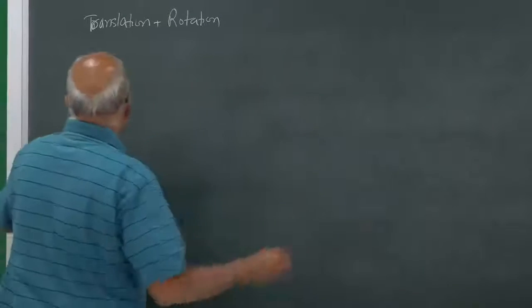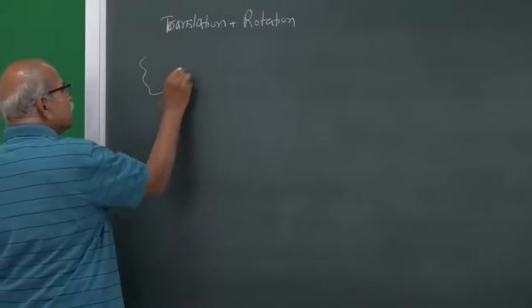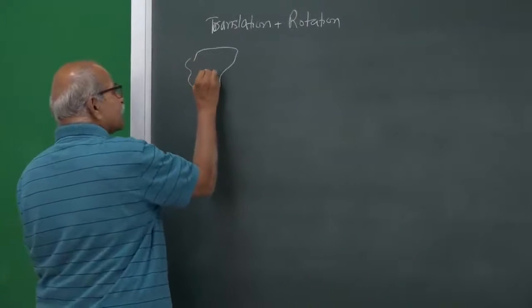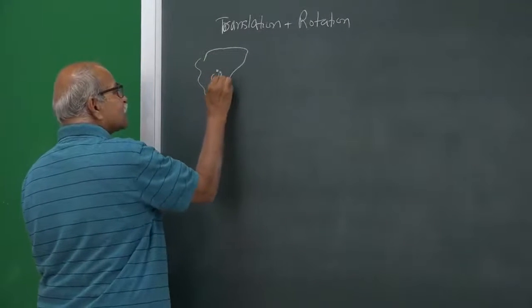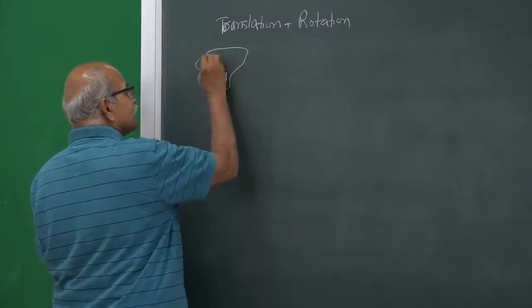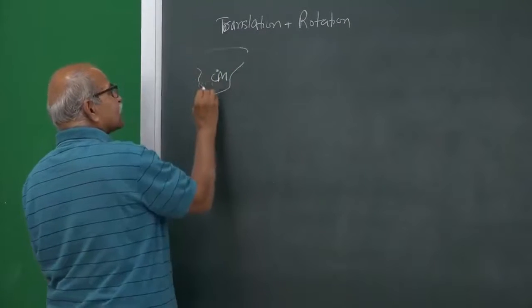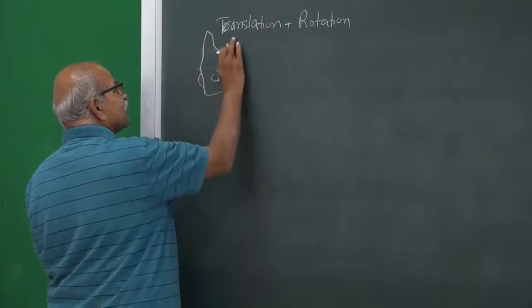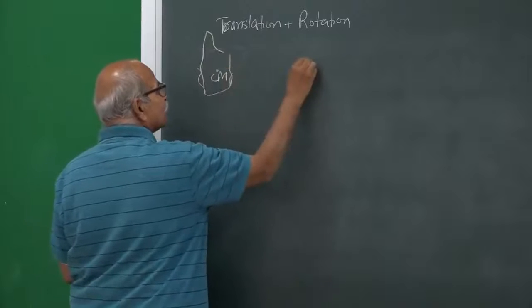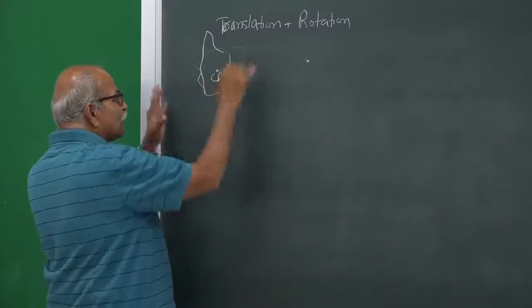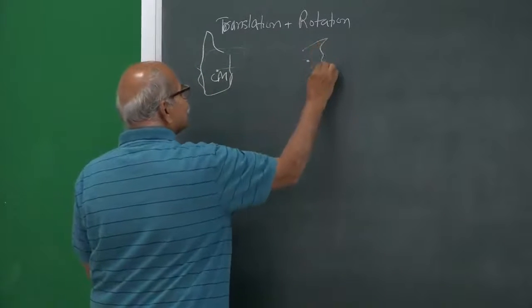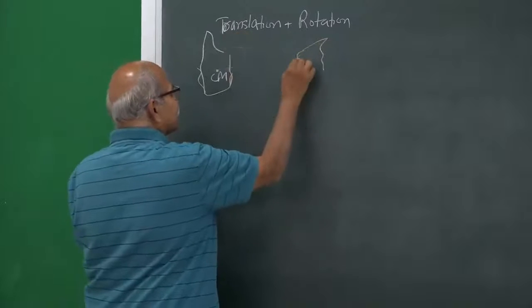So, if you have any rigid body, you can start with the center of mass here, and say it is like this, and then when it goes here, the center of mass reaches here, and this whole thing gets rotated. So, it is copy it and rotate.